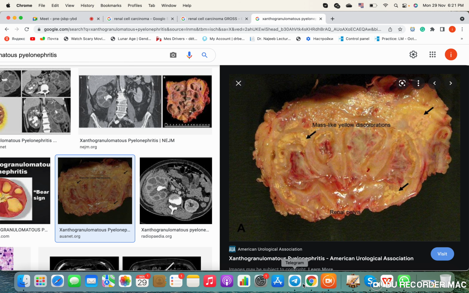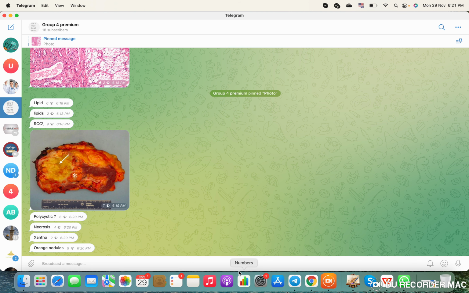So if it is diffuse, you think about xanthogranulomatous pyelonephritis. But if it is one area affected, or localized or focal, you will think about renal cell carcinoma.